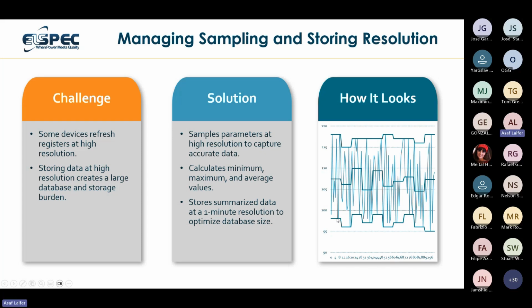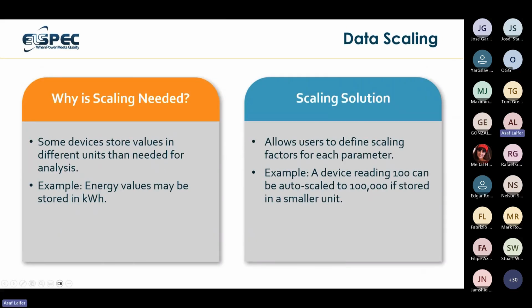And the chart that you will see in PQSCADA will be the dark blue. So you will get maximum, minimum, and average value for the entire period. So you will always see what the limits were and also what the average is. So you will have a clue what happened between two values.